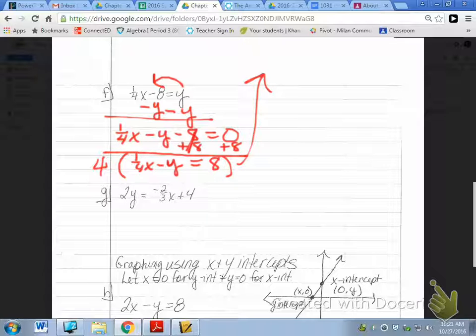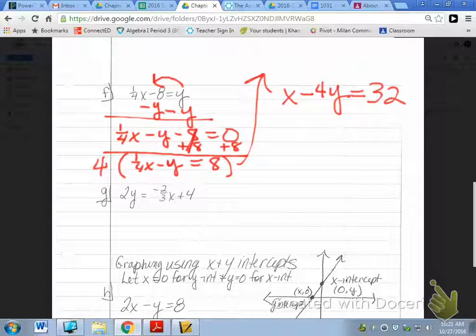4 times 1/4 x is just going to be x. 4 times negative y, negative 4y, equals 4 times 8, 32. Okay, so now I've got 2 parts done. Do they have a greatest common factor other than 1?